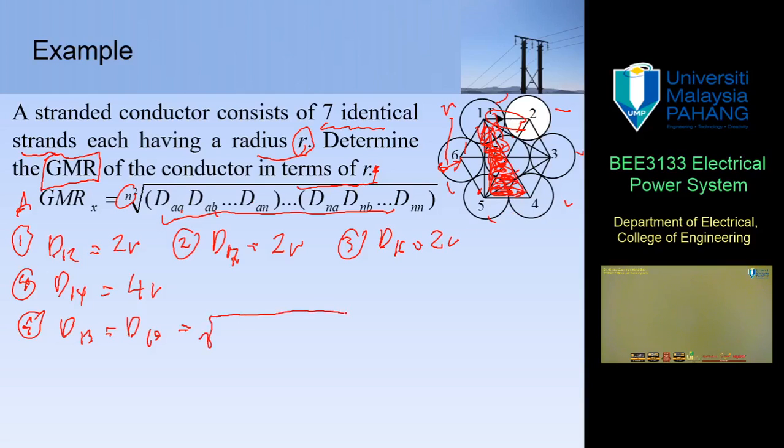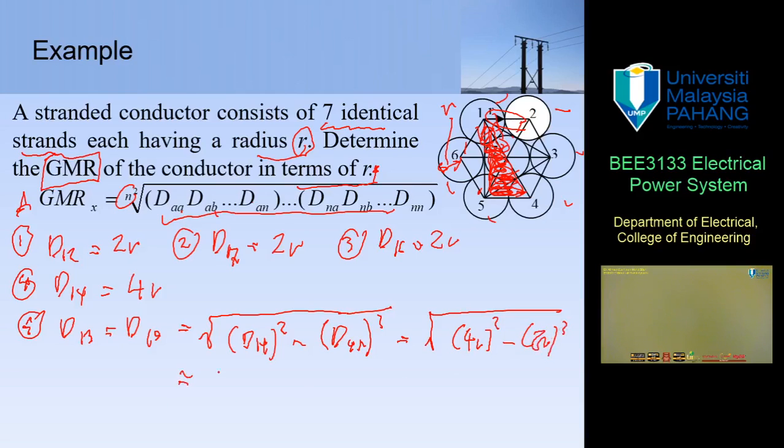That's why D14 to the power of 2 minus D45 to the power of 2, to the power of 3, no, 3. D14 is, sorry, 4R. The power of 2 minus D45 is 2R here. Then solve it.